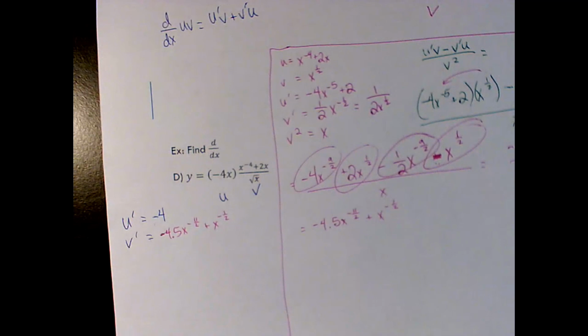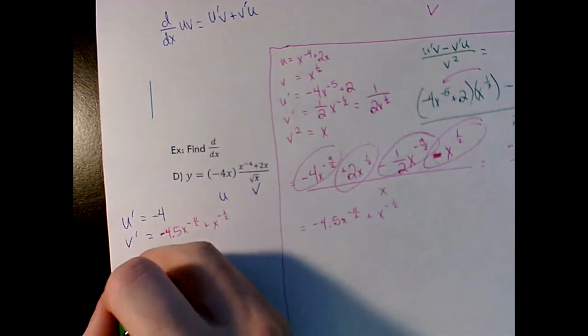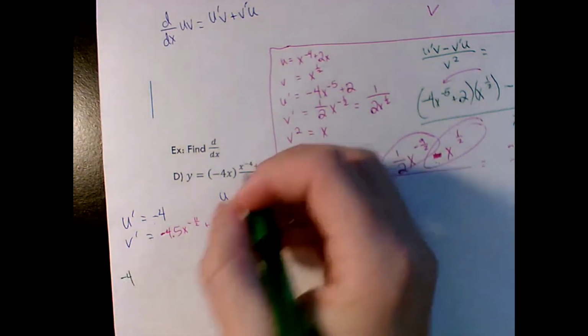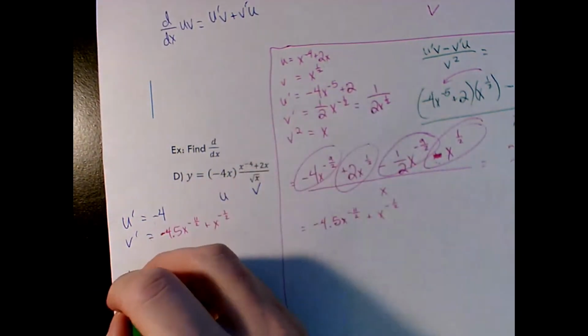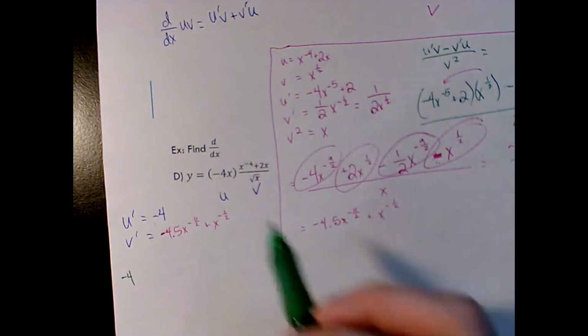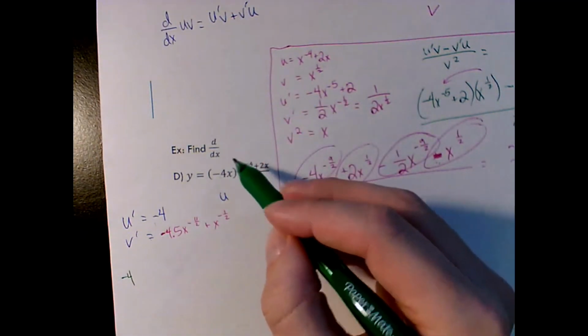All right, back to product rule. U prime V plus V prime U. U prime is negative 4. V was that monstrosity. Didn't I already change that? And I'll change it again.